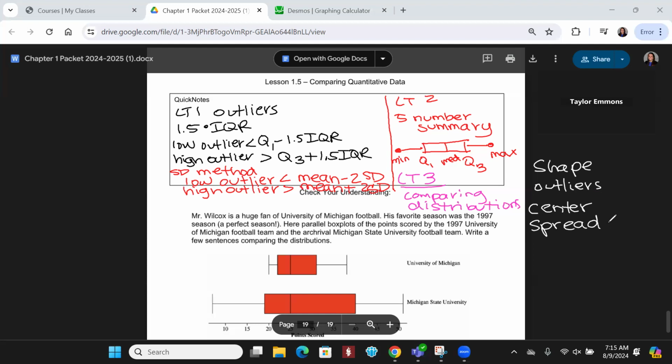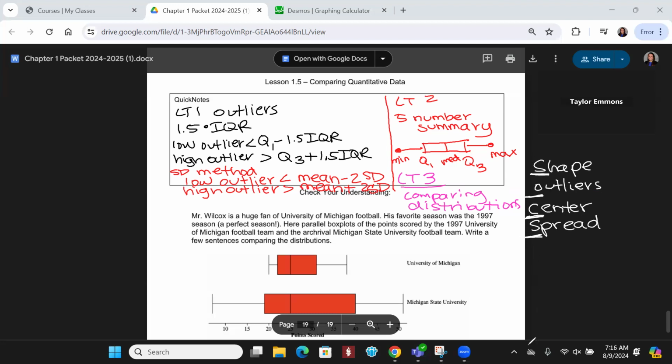The way to memorize how to compare between distributions is look at these letters right here. What does that spell out? Socks. I mean, misspelled, but socks, right? Okay. So comparing distributions, socks.